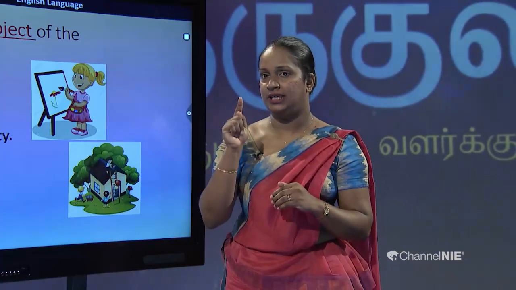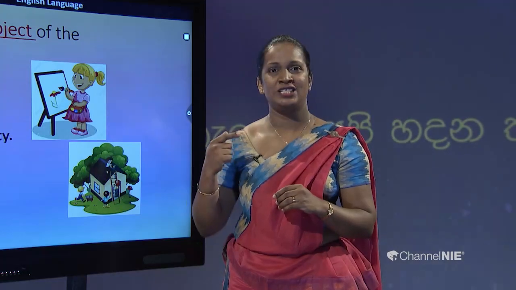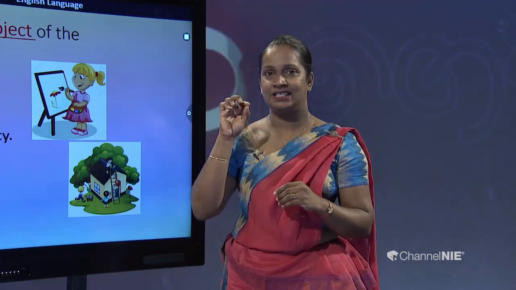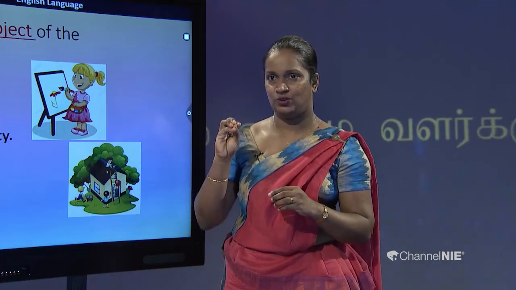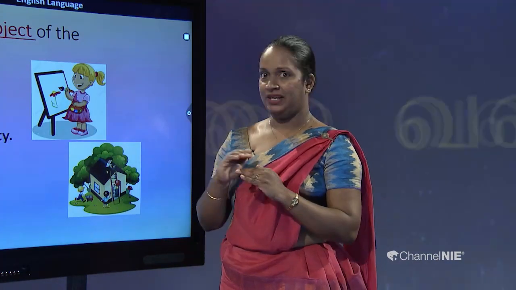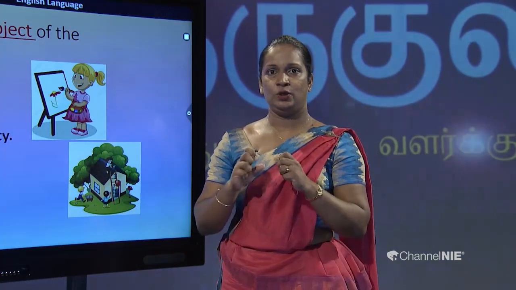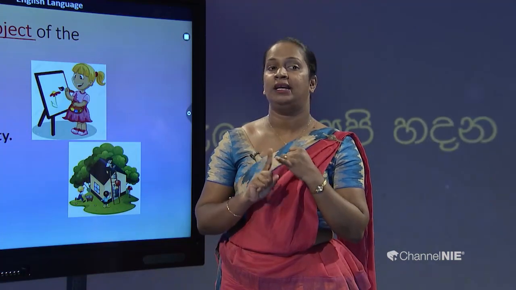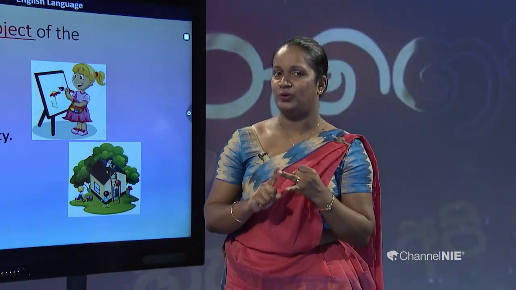A house, yes. You can ask questions from yourselves like this and find the object of the sentence. So, Miss Chamari, we are done with the first step. That's good. Yes. So, children, find the object of the active voice sentence if you want to make the passive voice, right?